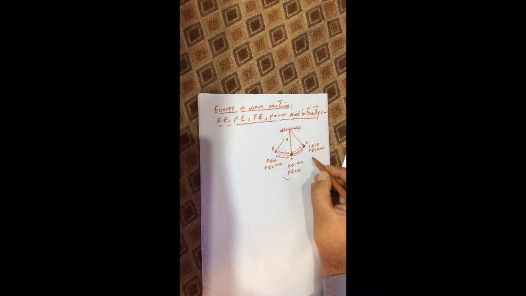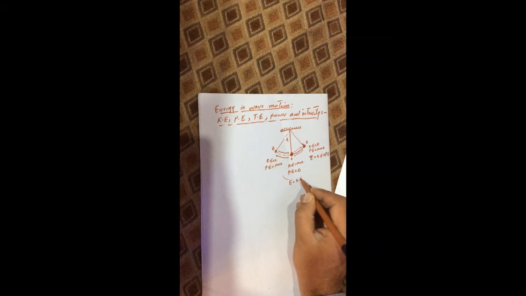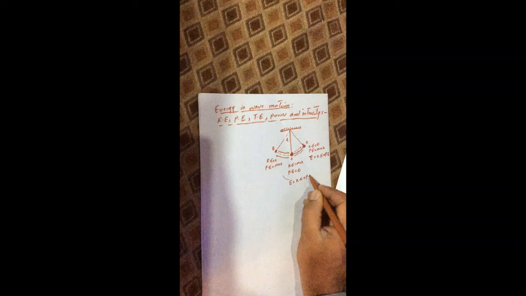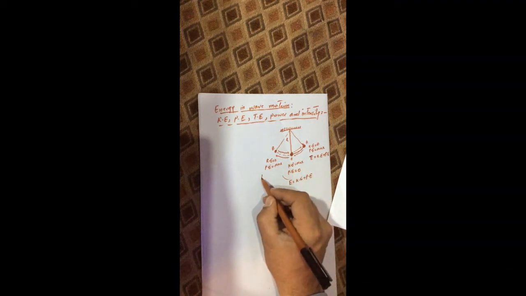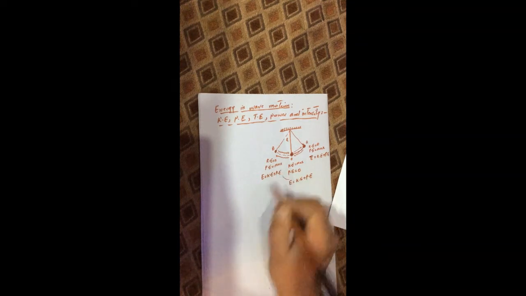So at this point, I call the total energy E, which is the sum of kinetic energy plus potential energy. Here also the total energy is the sum of kinetic energy plus potential energy, and here too.